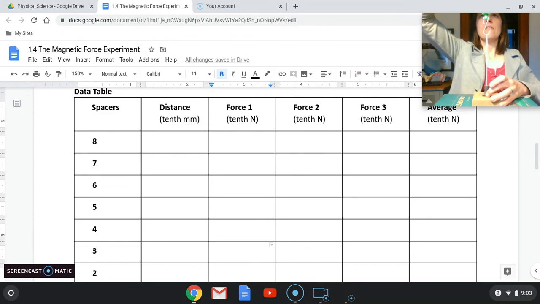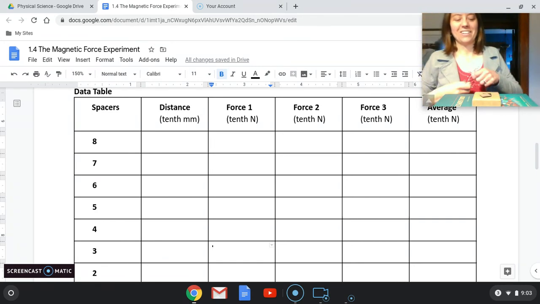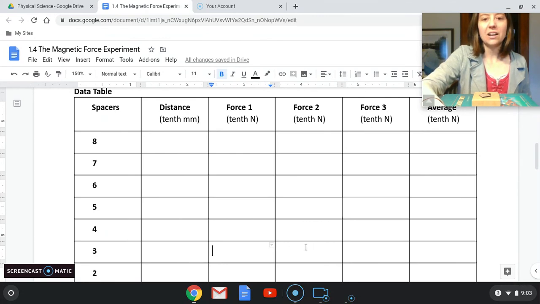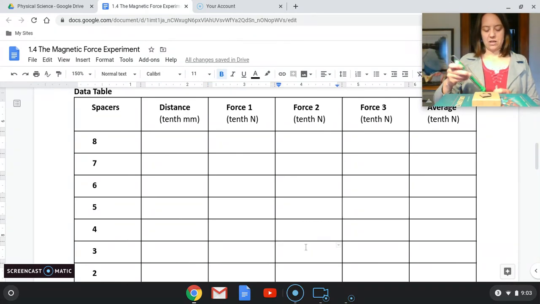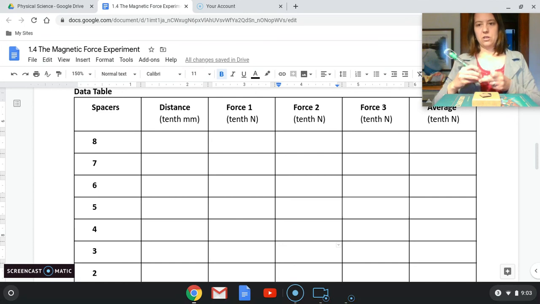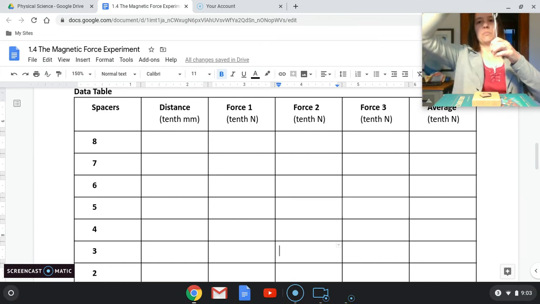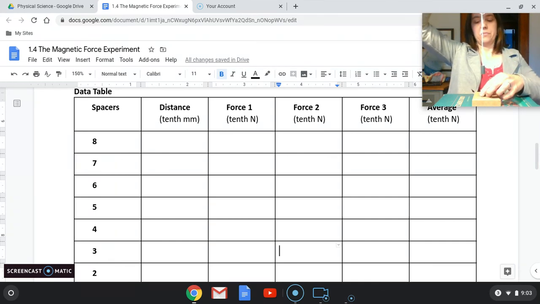Okay, so I have 1, 1.5, 1.6, 1.7, 1.8, 1.9, 2, 2.1, 2.2, 2.3, 2.4. So please write 2.4 newtons there. And then let's do trial 2. My force apparatus kind of fell apart there.